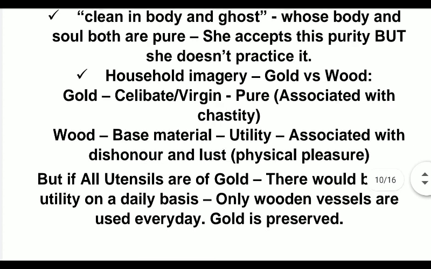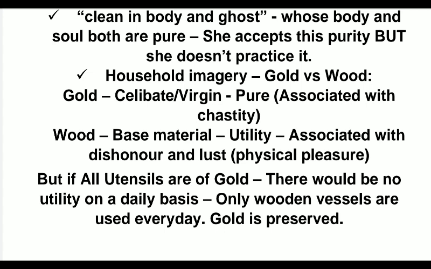But Wife of Bath argues that if all the utensils in a household are gold, there is very little utility, because gold utensils are something that is always preserved, while the wooden vessels, as it says, are used every day.